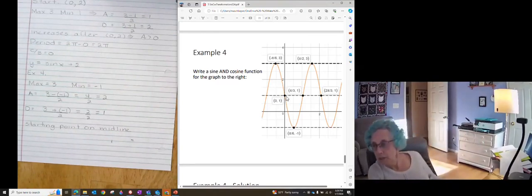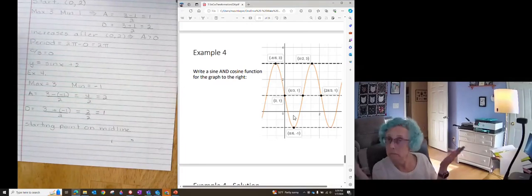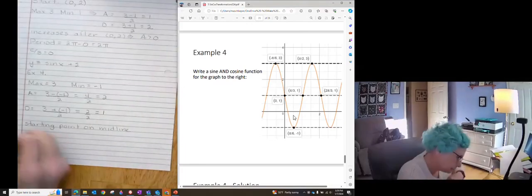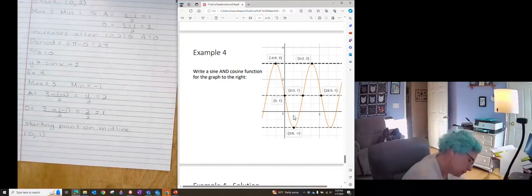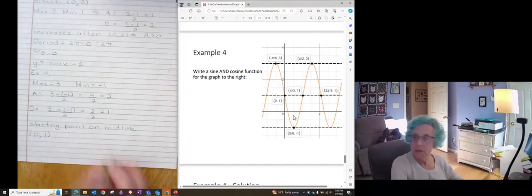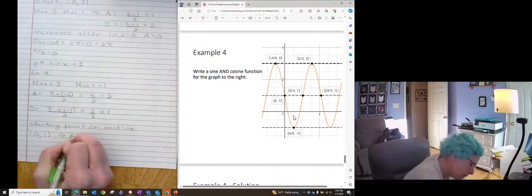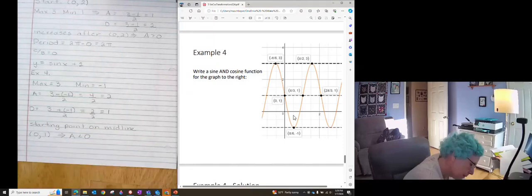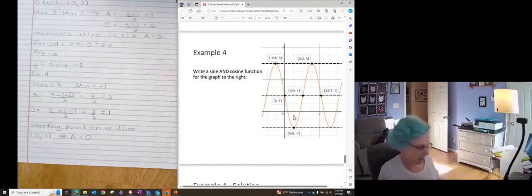We could choose the point (0, 1), and we'll have a negative a. We could choose the point (pi over 3, 1) and have a positive a. Up to you. I'm going to choose my starting point (0, 1). That means that my a is less than 0 because I'm decreasing.